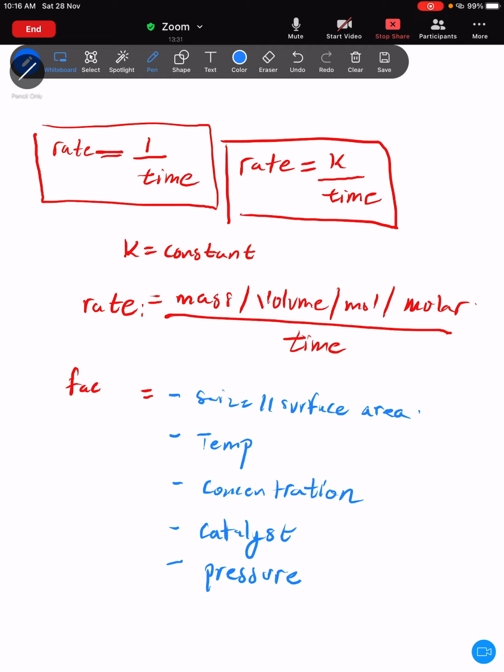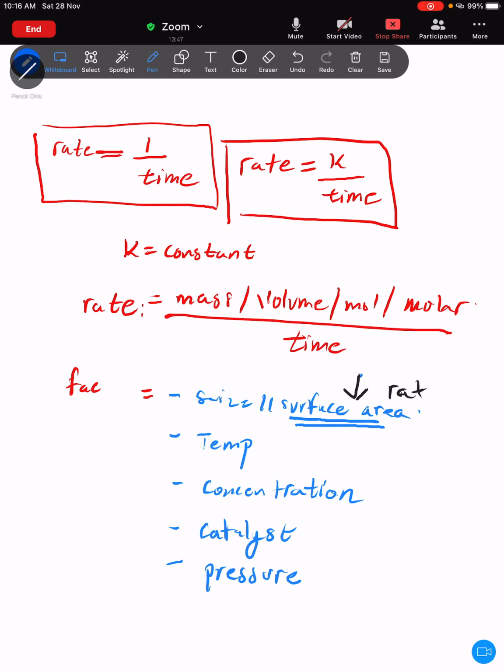Okay, when I say the surface area over here, guys, this is a very simple one. The smaller the surface area, what happened to the rate? Tell me what happened to the rate. The smaller the surface area, the higher the rate of reaction, because more surface area is exposed to the... sorry, okay, I'm talking about size.